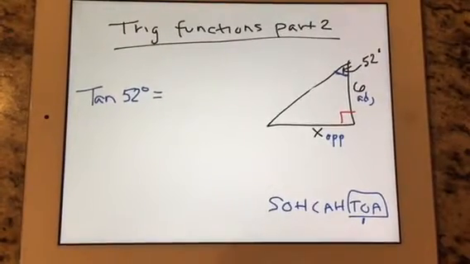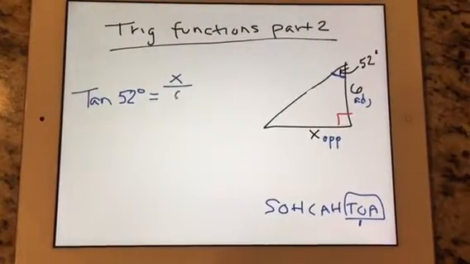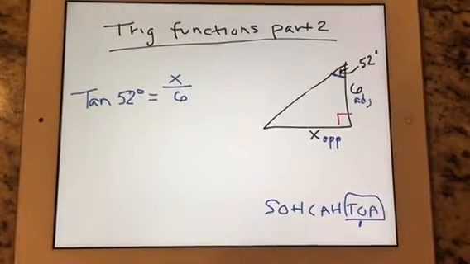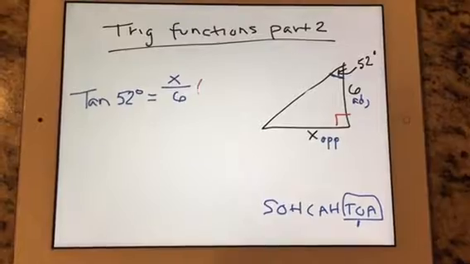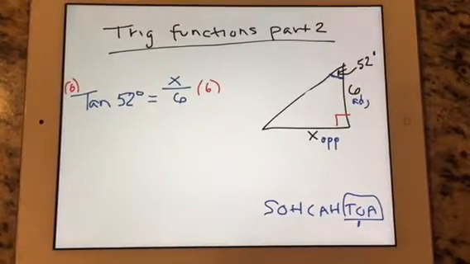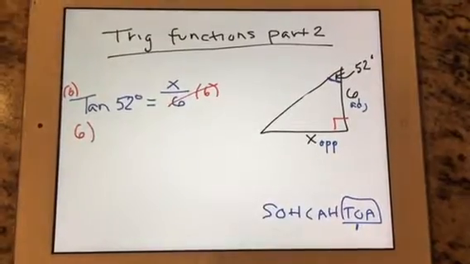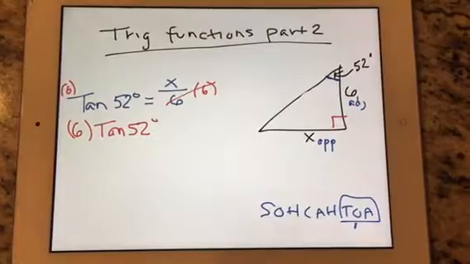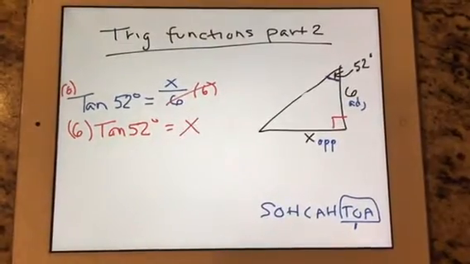We want opposite on top, so that would be x over 6. Now I want to solve for x. In order to do this, I need to get x all alone, so I'm going to multiply both sides by 6. That's going to give me 6 multiplied by the tangent of 52 degrees, and that's going to give me x.